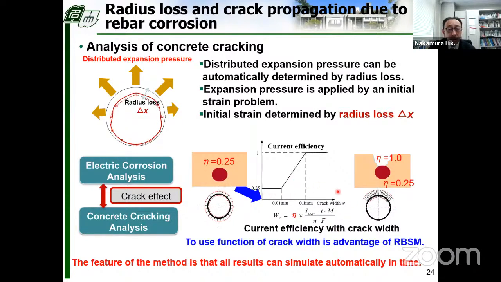The function of crack width is the advantage of RBSM. The feature of the method is that all results can be simulated automatically in time. Time is the only control factor.